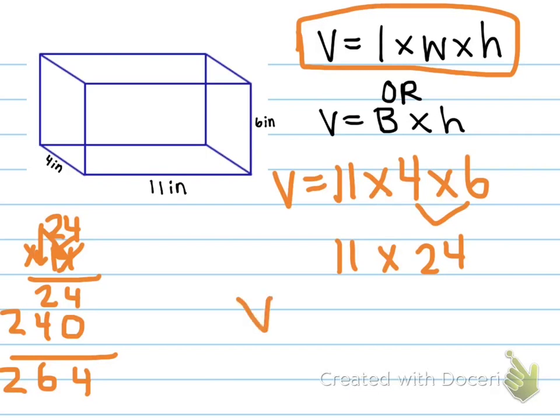So our volume here is 264. Am I done yet? Nope, you're right, I didn't label my units. We are given our units in inches, so we are going to say that our volume is 264 cubic inches.